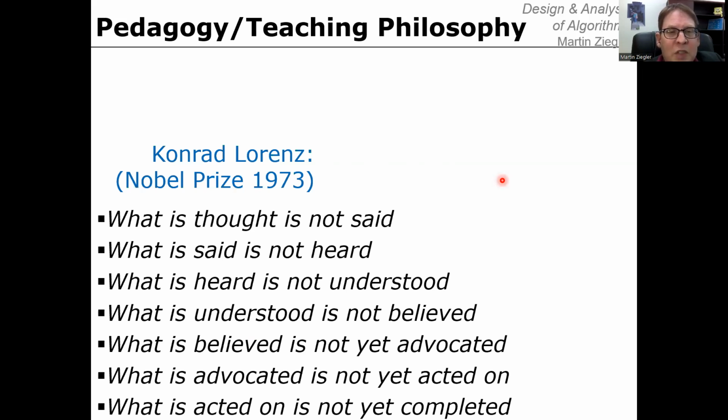So in other words, there are so many obstacles in teaching, from what the teacher might think to what the teacher says, what the students understand, believe, advocate, and so on, and we will make deliberate efforts to overcome all these possible obstacles to learning.